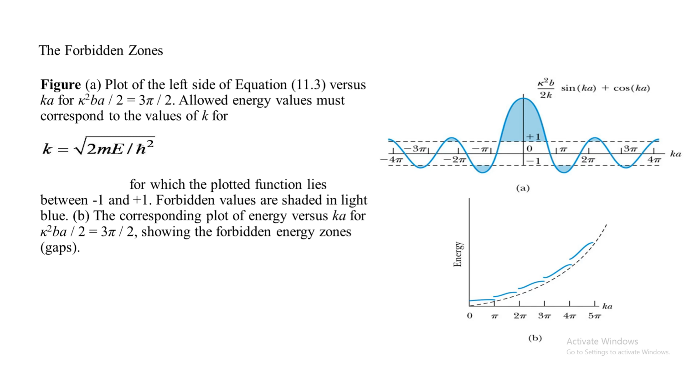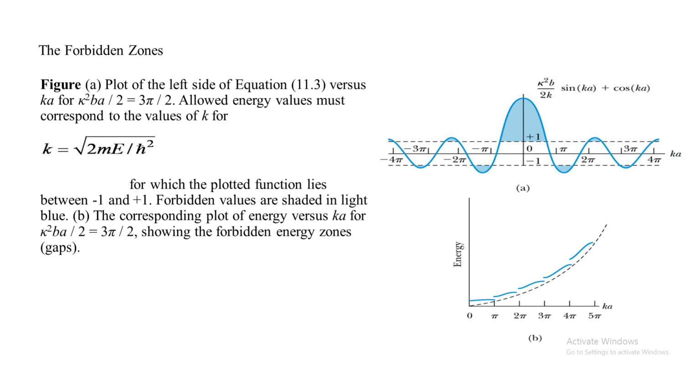The forbidden zone is shown in white, and the allowed range is shown with a particular color. Here we can see there is a periodicity at a particular K value.